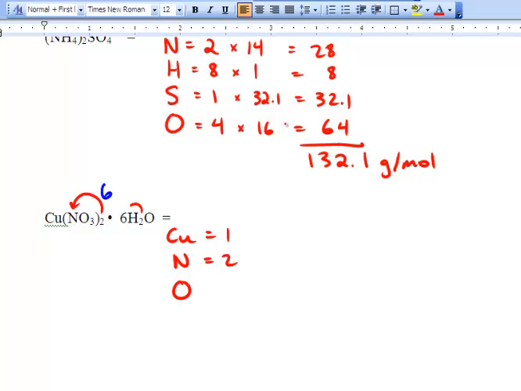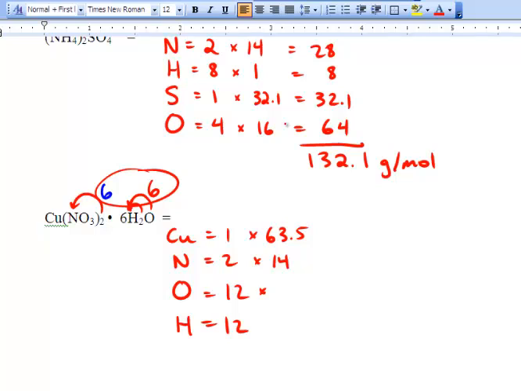Then we have 12 H's, and we also have 6 O's again, so altogether we have 12 O's. Copper's molar mass is 63.5 grams per mole. Then we have nitrogen, which is 14, oxygen, which is 16, and hydrogen, which is 1.